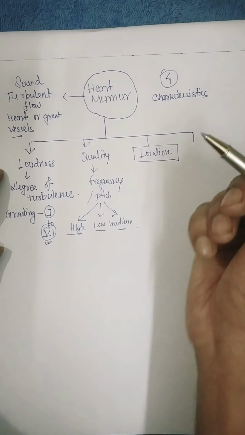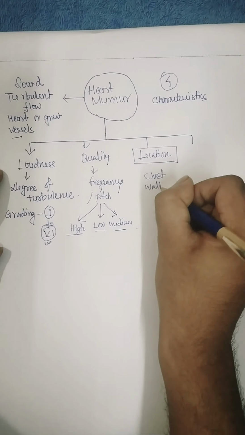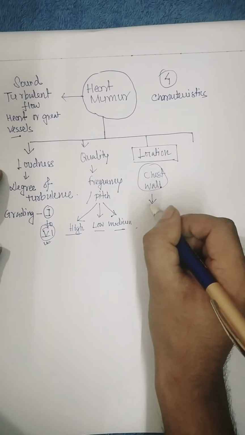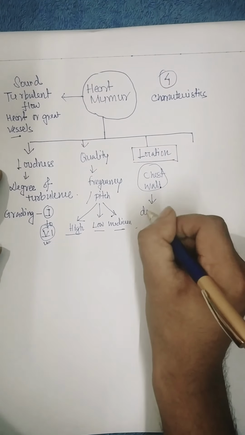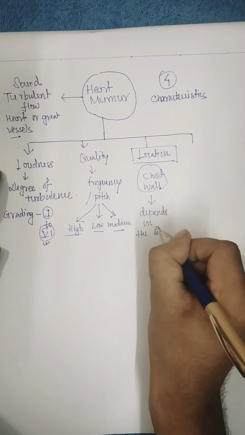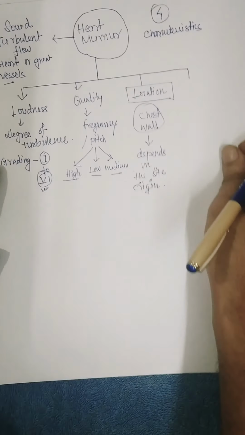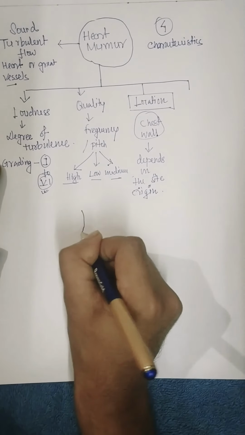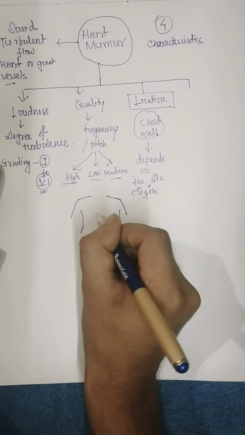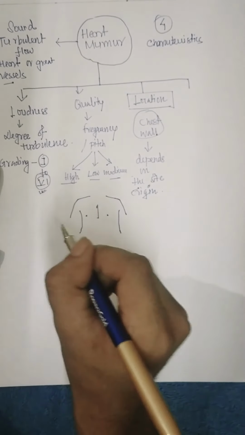Murmur is obviously located in the chest wall, and the location in the chest wall again depends on the site of origin. So suppose this is the chest of a guy. Excuse my drawing. This is the sternum, these are the nipples.